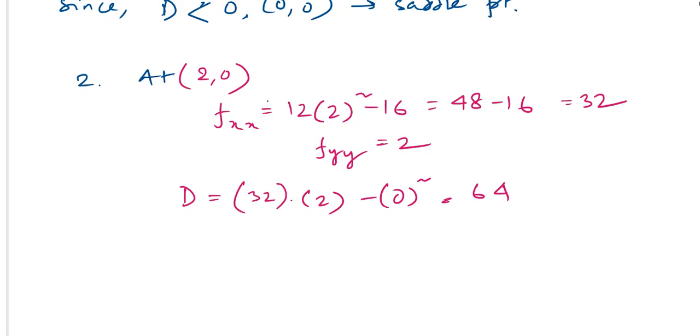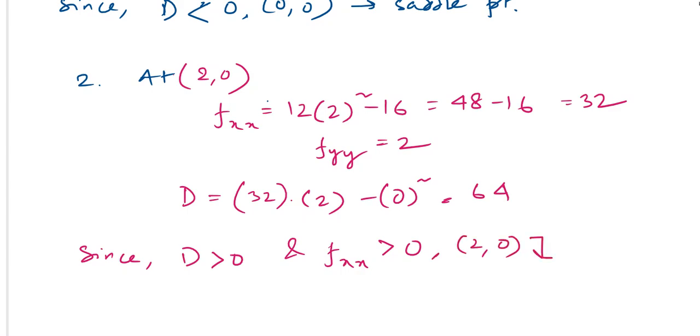Since D is greater than 0 and f of xx is greater than 0, 2 comma 0 is a local minimum.